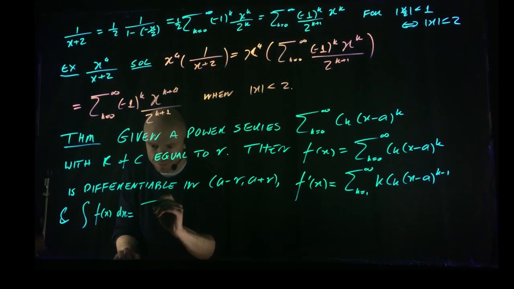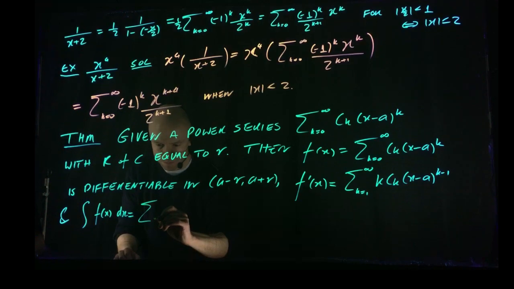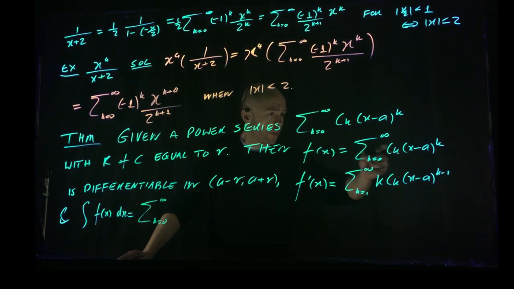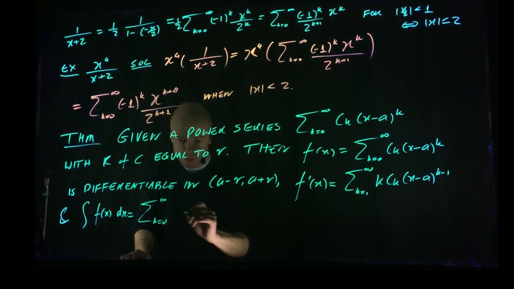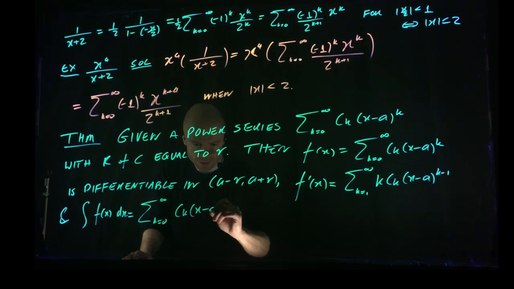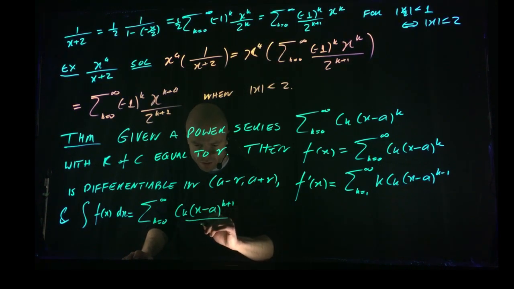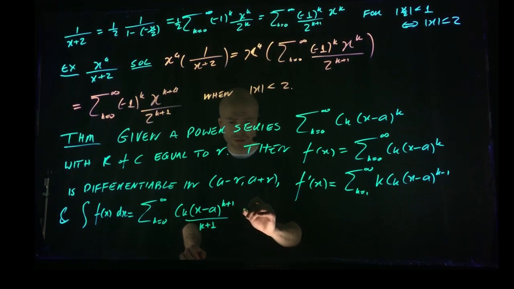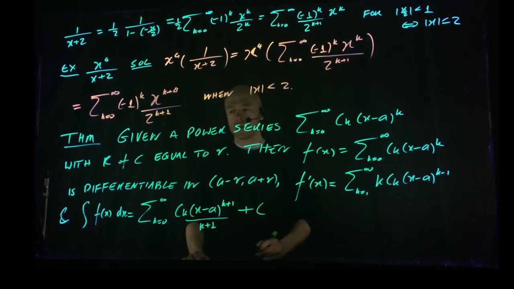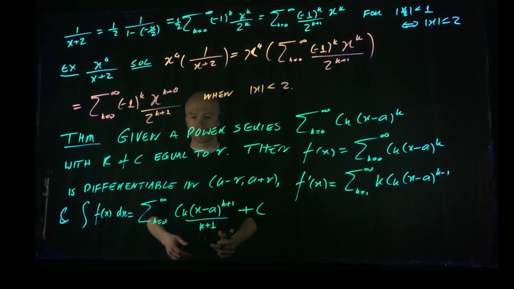So what is this thing going to be? It's going to be the sum from k equals 0 to infinity. Integrating each one of these terms, we get ck times x minus a to the k plus 1 over k plus 1, and we have to introduce a constant c, some unknown constant, because the antiderivative is only defined up to some constant.